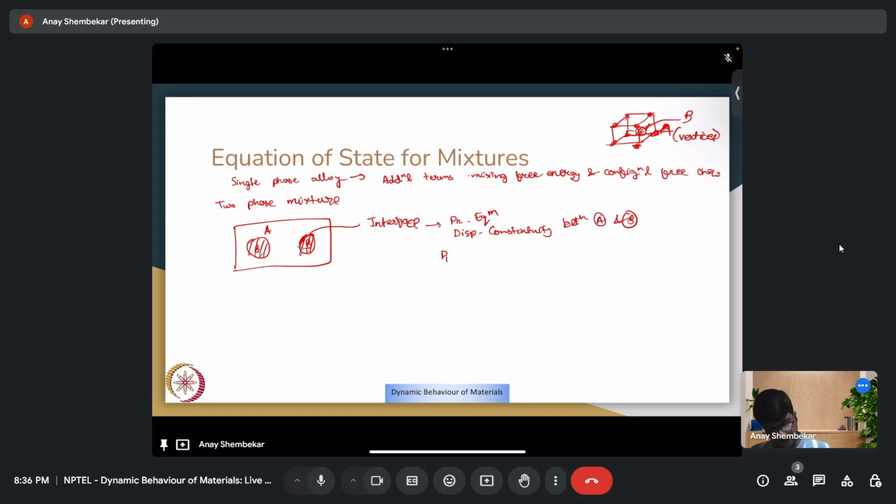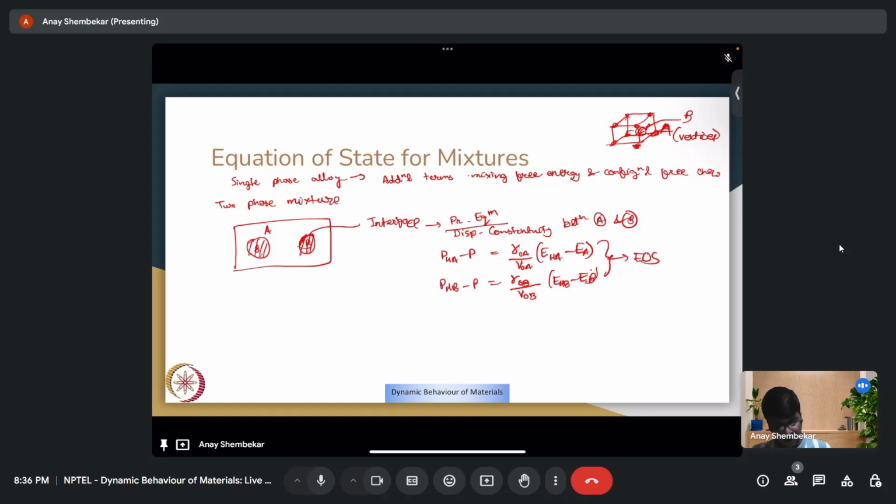So if my Hugoniot pressure for A, with V naught A, I can write my equation of state as this, and for B I can write an equation of state as this. These are my equations of state.